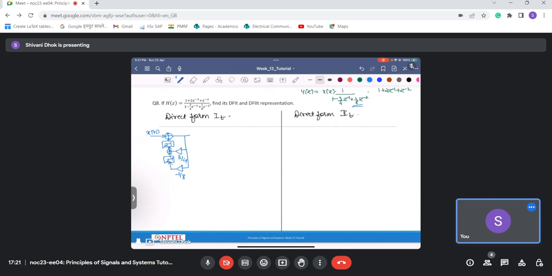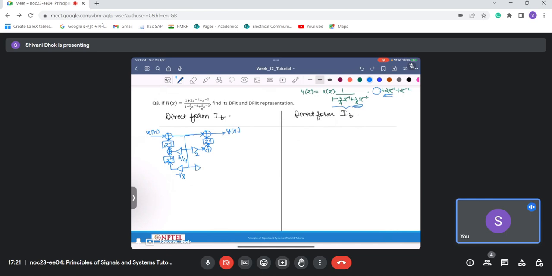Adding these two, this is the output of this system here, which will be added here to get my y(n). This is my output as it is, 1, and then I have its scaled and delayed version. So it will first get scaled by a factor of 2 and delayed by a factor of 1.